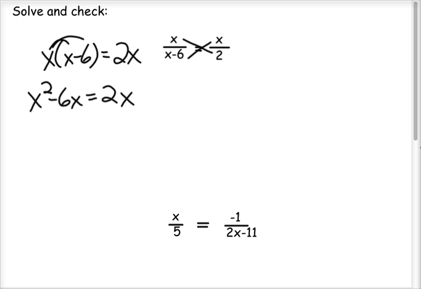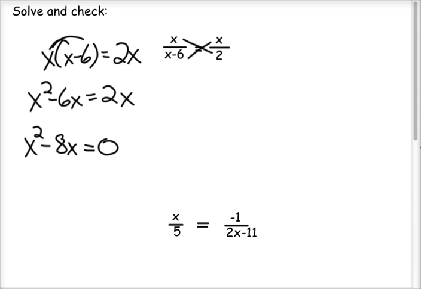Now again, I can't have things on both sides, so I'm going to subtract 2x from both sides. So that's what I get when I do that. And now I don't have a cubic trinomial or a quadratic trinomial. I've got a quadratic.